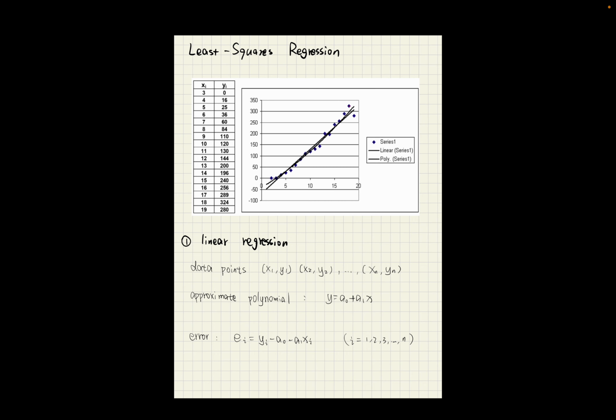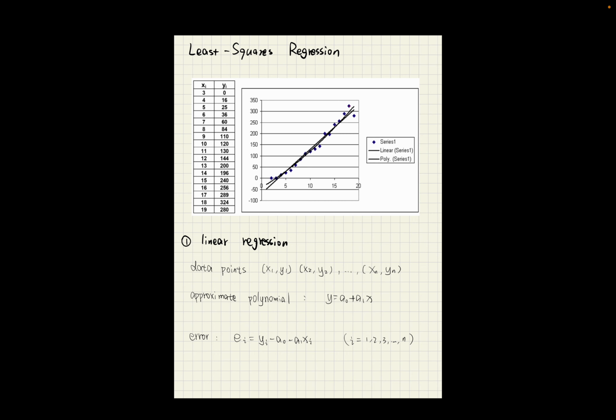If you draw a straight line to manipulate all the points, we call it linear regression. And of course you will be able to draw a polynomial line using different methods, but that's not our focus.